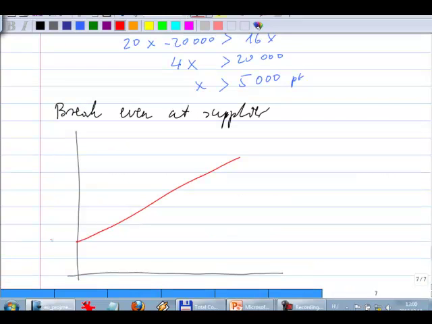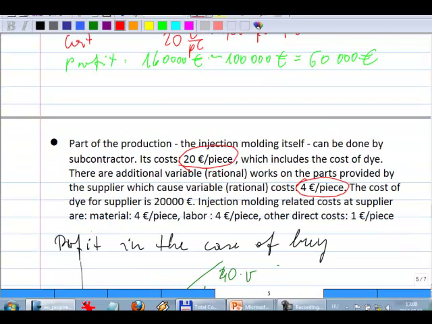How much is the fixed cost at the supplier? How much is the unit variable cost at the supplier? We have data. How much? 9: 4 plus 4 plus 1.